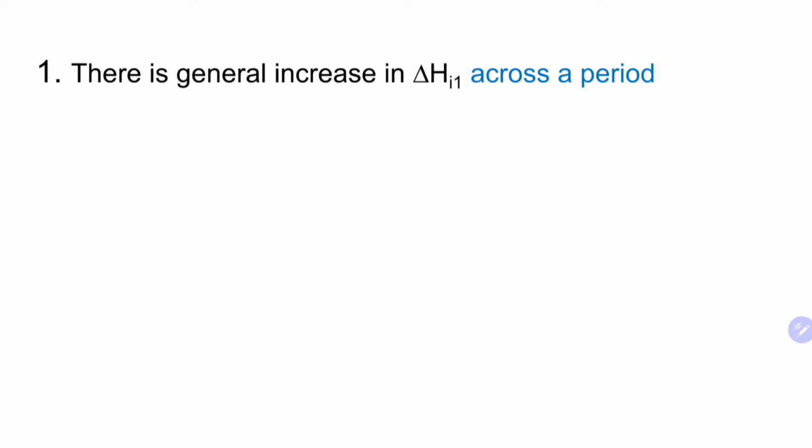Number 1 here: there is a general increase in ionization energy across the period, from lithium, for example, until neon. Why? Generally it increases because the nuclear charge increases. Nuclear charge is caused by the number of protons.